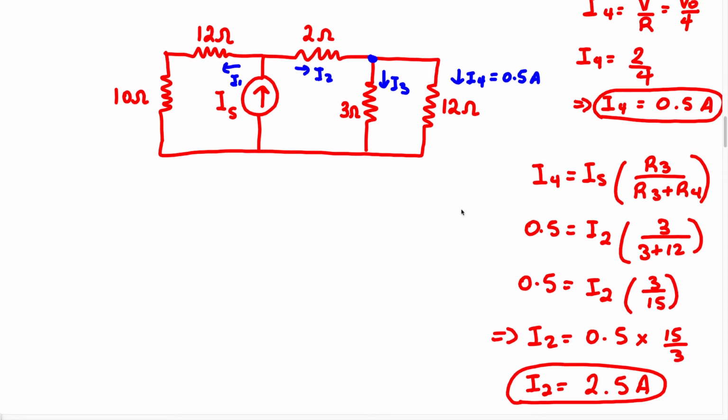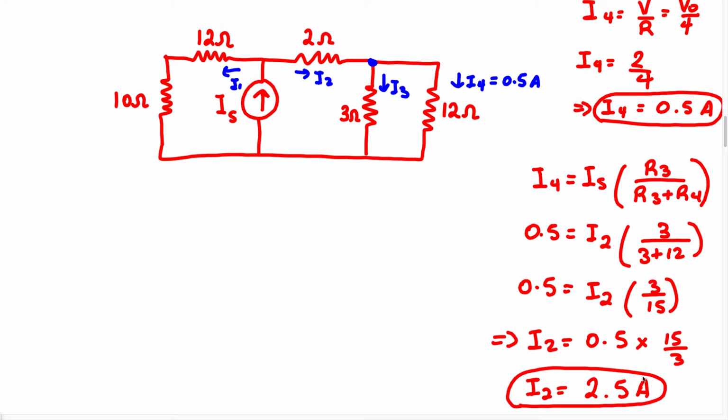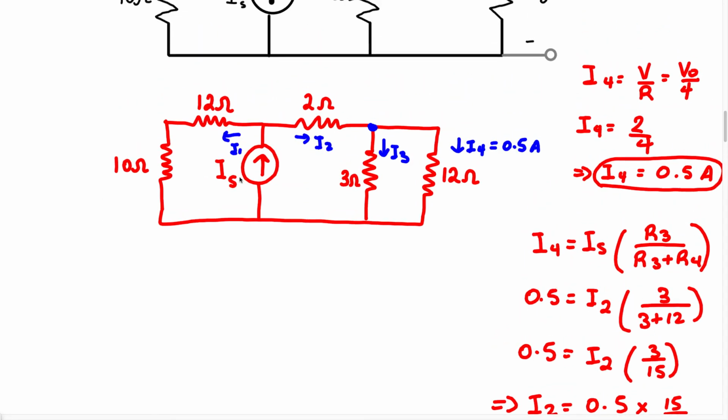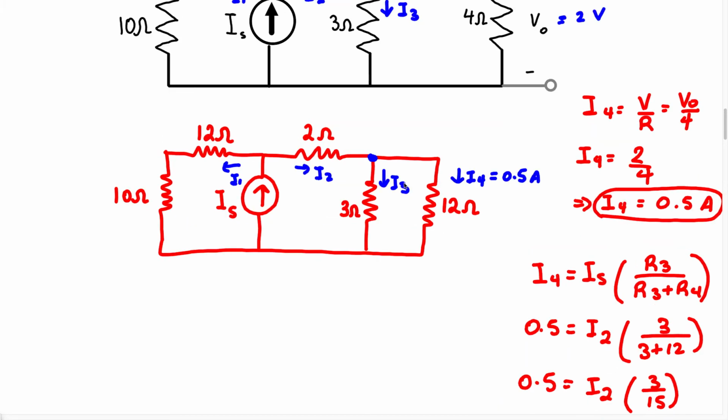We know this current I2 is 2.5 amps. And if we know this current I4 is 0.5 amps, well, we know automatically if we say I2 minus I4, I3 is actually 2 amps. Now, we know the current I2. They want us to find the current IS, right? So I have a few situations where I can combine resistors. I'm just going to combine these resistors.